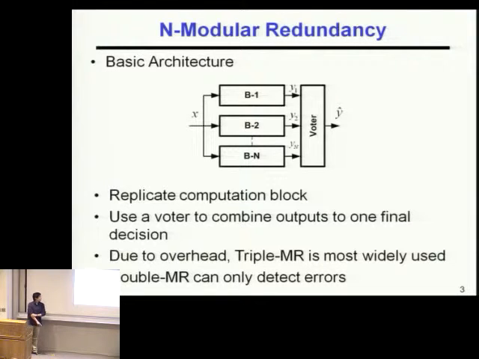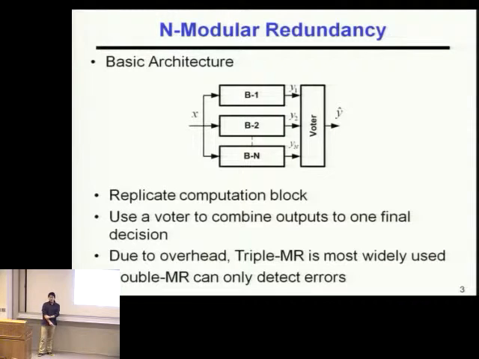First, before I explain soft NMR, I'll give you a brief introduction on NMR, which stands for N-modular redundancy. Here we replicate the computation block n times, and then use a majority voter to combine the n outputs into one final vote.